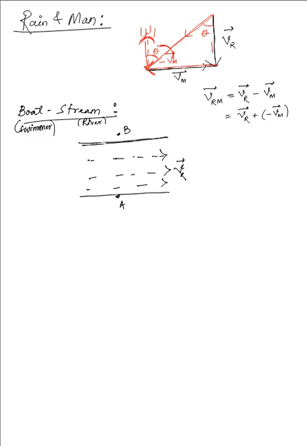If he is heading along this line, now this is the line along which he was heading, and he has a certain speed, and this is his own speed, Vs, with which he can move across still water.